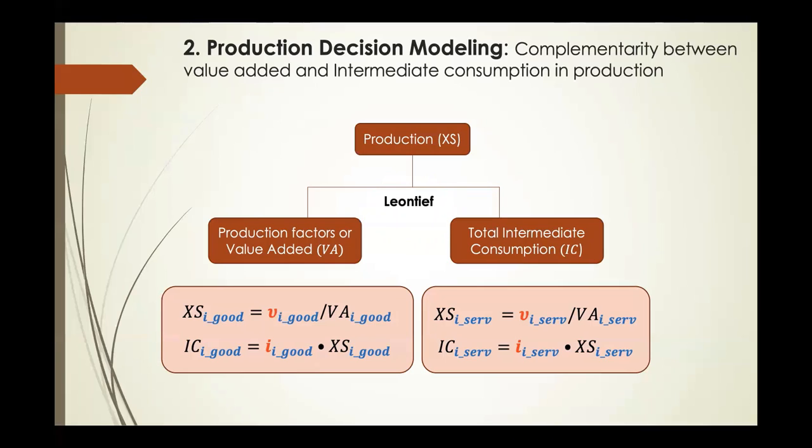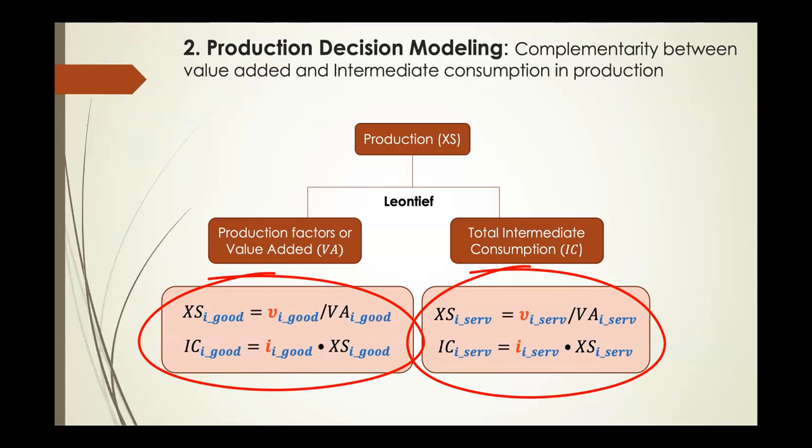The mathematical expressions at the bottom of the slide specify the production of the good industry on the left and the production of the service industry on the right. The top equations specify the relationship between production, XS, and value added VA in a fixed proportionality relationship or functional form, with V being the related parameters of this functional form that we have selected.